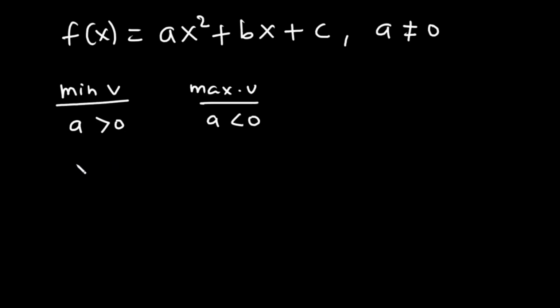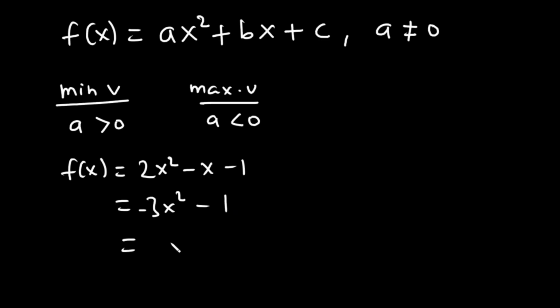Given quadratic functions, f of x is equal to 2x squared minus x minus 1, g of x is equal to negative 3x squared minus 1, and then h of x is equal to 5 minus 2x minus 9x squared. Each of the functions has a minimum value or a maximum value.